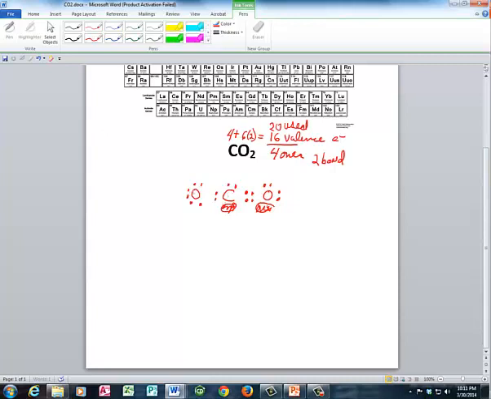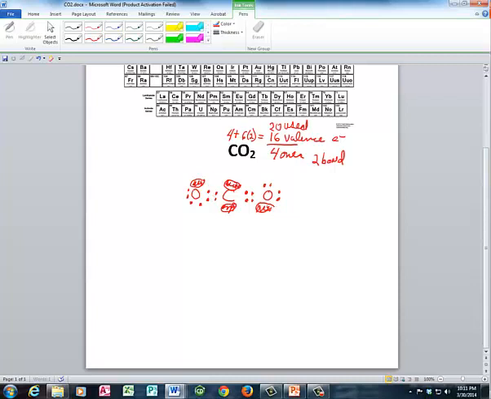I'm going to do the same thing between this oxygen and carbon. I'm going to take the non-bonding pair of electrons on this carbon and a non-bonding pair of electrons on this oxygen, remove them and replace them with 2 bonding electrons. So I've removed 4 electrons, replaced them with 2.